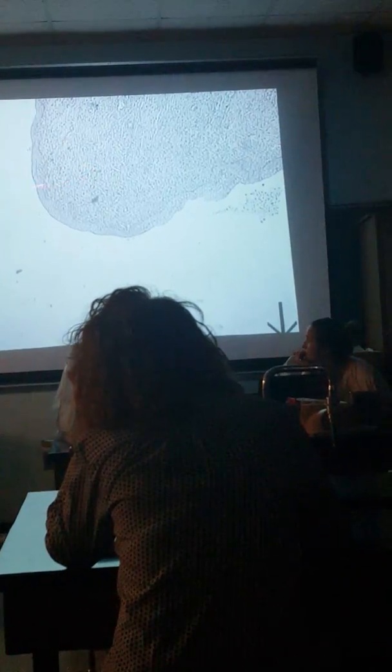So simple columnar, so this is cervix. Simple columnar. And then stratified squamous right here. So that's vagina. So we kind of dropped down, looked around, and then inside here, there's mucus secretions, so that's cervix. So we go from simple columnar to stratified squamous. And so we'll zoom back out.